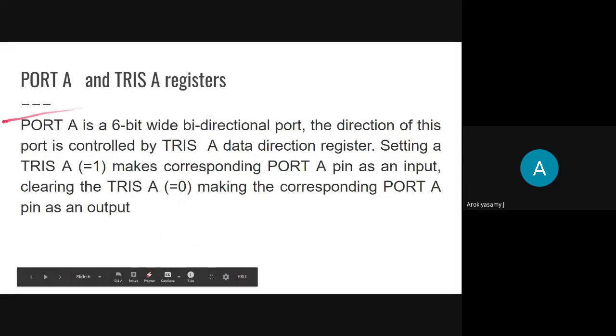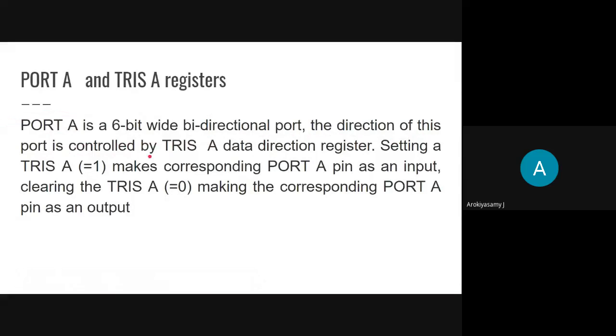As you see here, port A is a 6-bit wide bidirectional port. The direction of this port is controlled by TRISA. TRISA is a data direction register, DDR. Setting a bit to 1 in the TRISA register makes the corresponding port A pin an input. Clearing the TRISA register bit makes the corresponding port A pin an output.